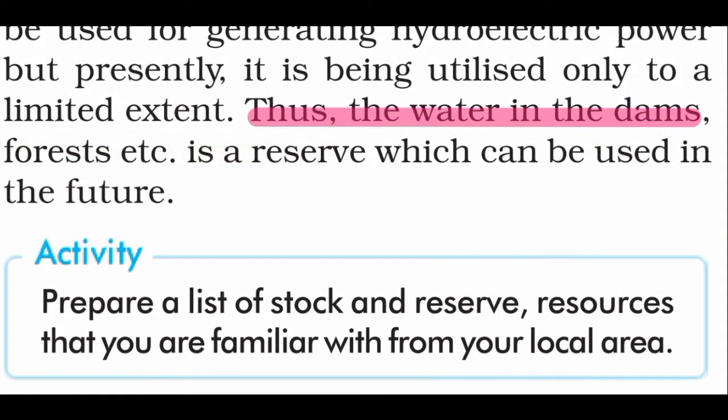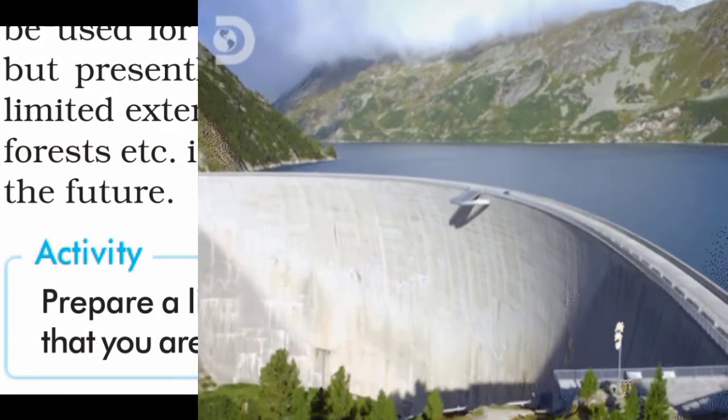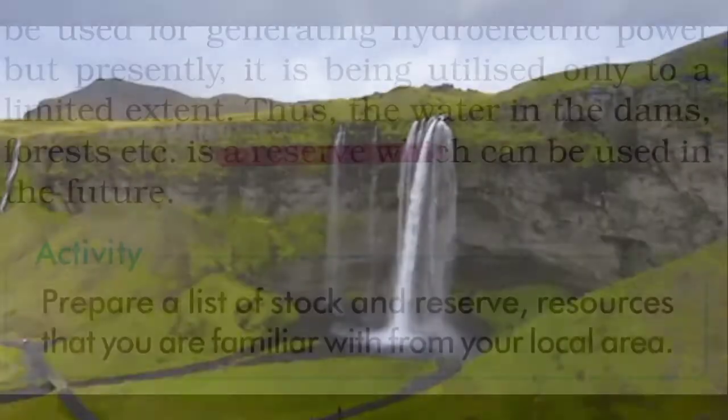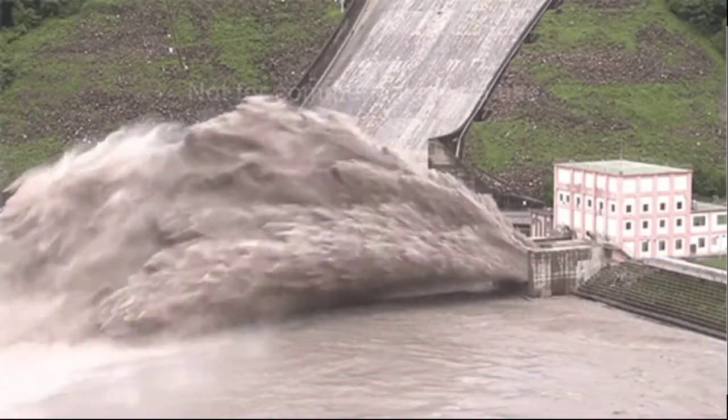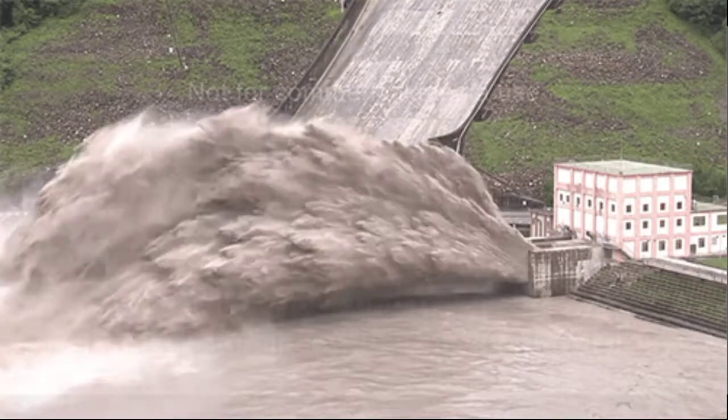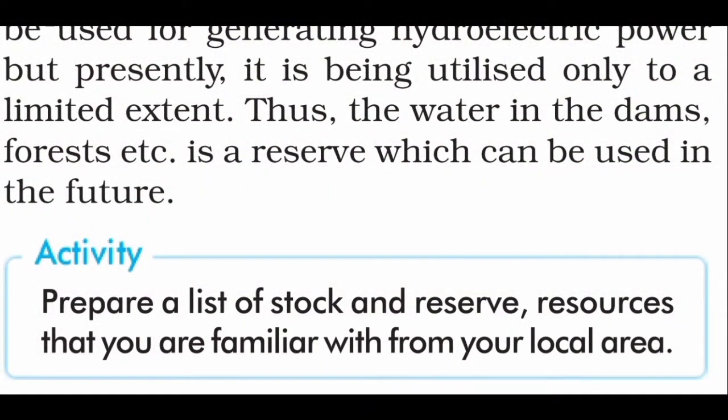Thus, the water in the dams, forests, etc. is a reserve which can be used in the future. Activity. Prepare a list of stock and reserve resources that you are familiar with from your local area.